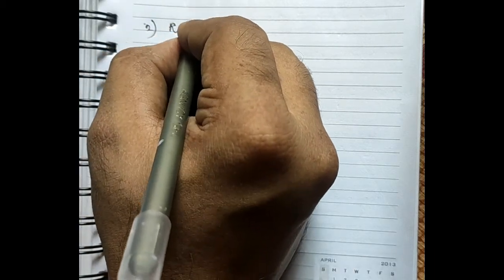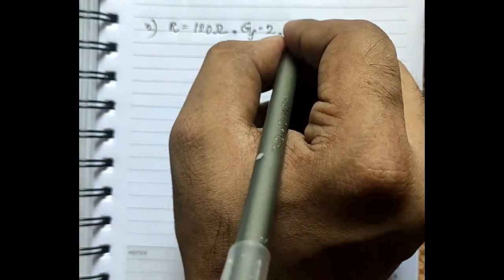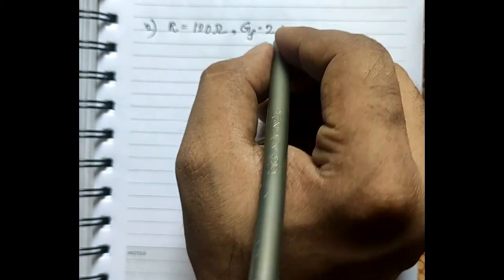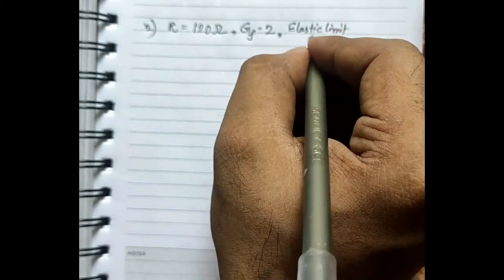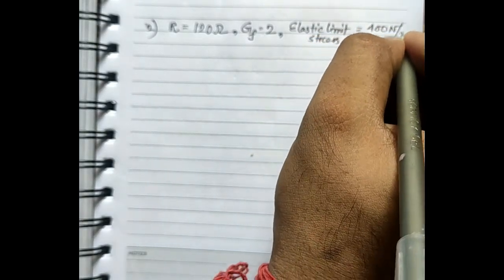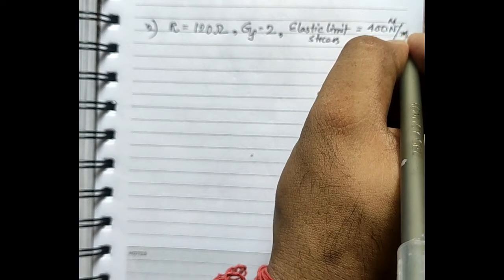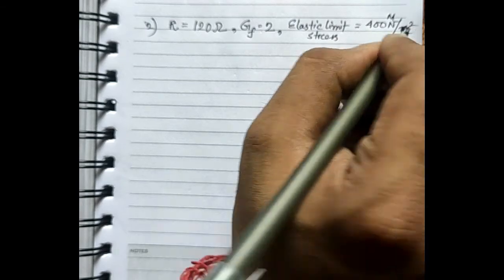Now coming to the next problem, problem number 2. Here, what are the given data? The given data are resistance, that is 120, then gauge factor GF, that is 2, elastic limit stress, that is given as 400 mega Newton per meter square.